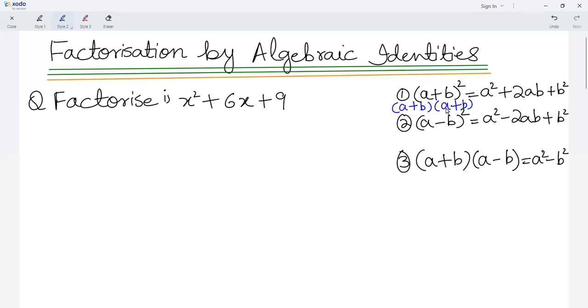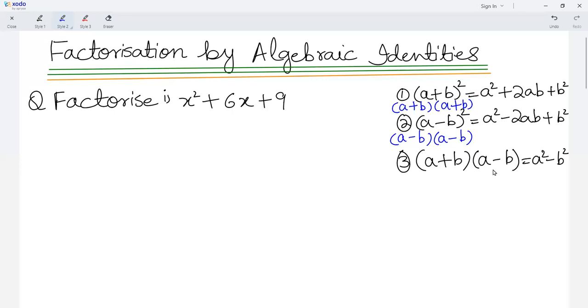Those are the factors of (a plus b) whole squared. When two terms multiply, those two terms are the factors of the complete term. Similarly, (a minus b) whole squared can be written as (a minus b) times (a minus b), a number multiplied by itself again. So this is also the factorized form.